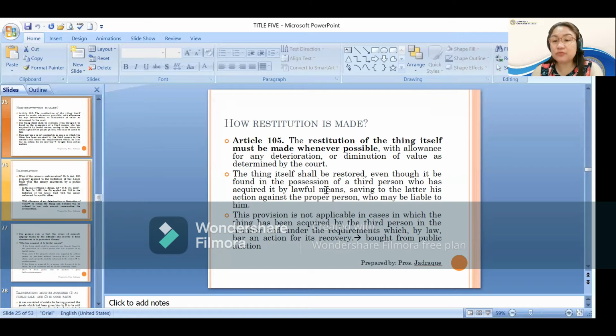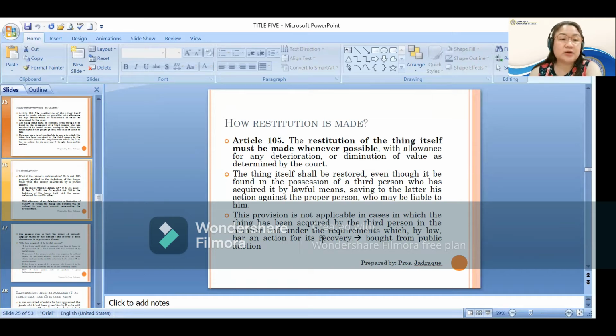Can you recover it from the third person who acquired it by lawful means? The answer is yes. And in fact, you don't need to pay that third person. The remedy of the third person is to go after the other person from whom he might have purchased that particular thing, subject of the unlawful taking.